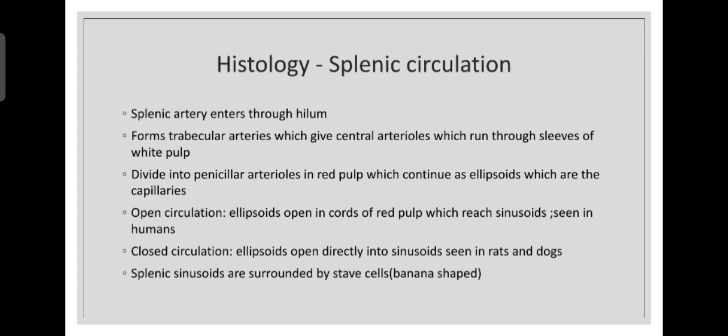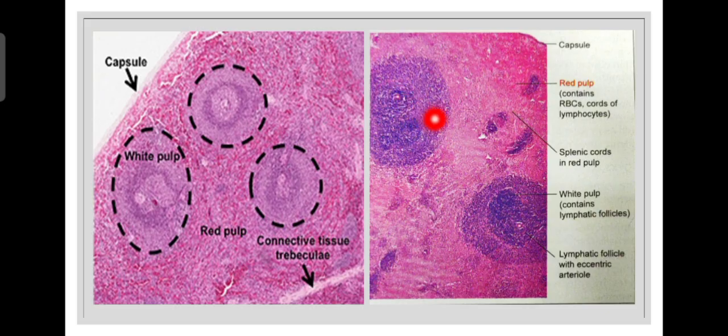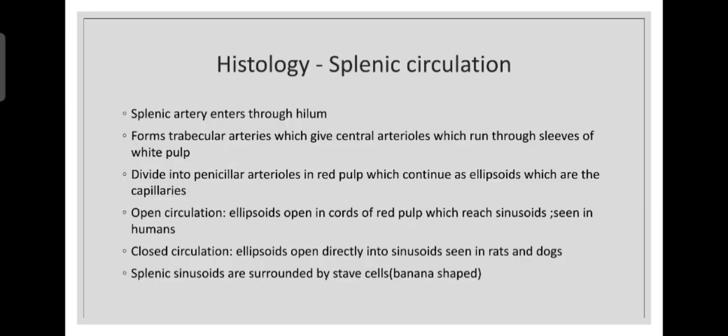The splenic arteries form trabecular arteries that give the central arterioles that we saw here. Here is the central arteriole, right? So from the trabeculae, they give rise to the central arterioles that run through the white pulp.